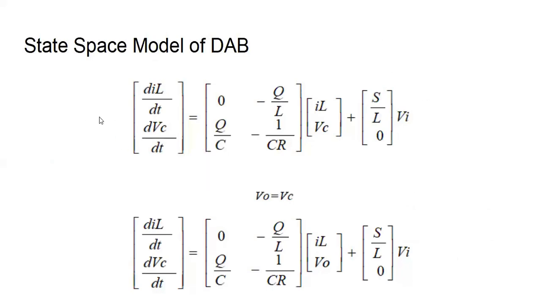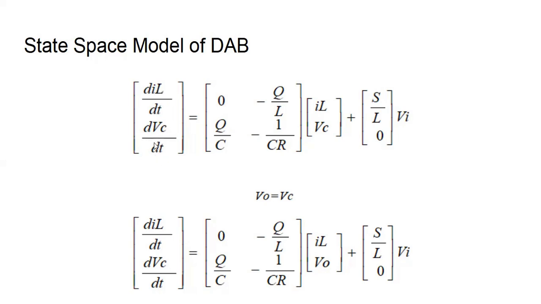This is the state equation in the matrix form. We all know that the state space model of any system can be written as X dot equal to AX plus BU, where U is the input matrix, X is the state variable matrix, and X dot is the state equation derivative. So the X dot matrix consists of dIL by dt and dVC by dt.